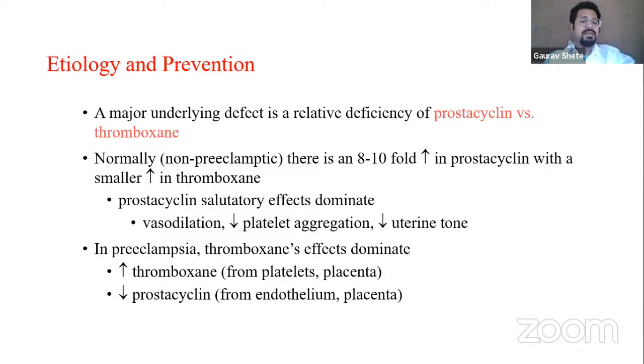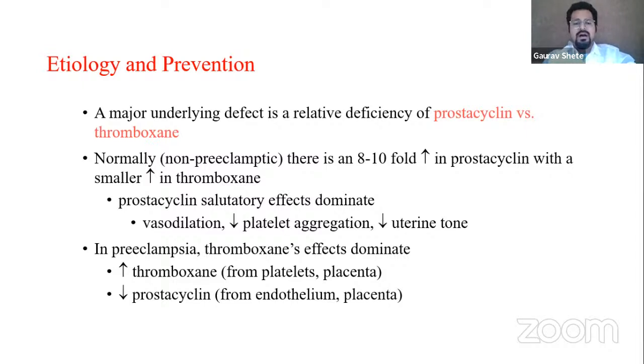The major defect is a relative deficiency of prostacyclin versus thromboxane. Normally in a non-preeclamptic patient, there is an increase in prostacyclins as well as an increase in thromboxane, thromboxane A2 to be more precise, and PGI2 for prostacyclins. Prostacyclin PGI2 usually increases 8 to 10 fold, while thromboxane increases 1 to 2 times.